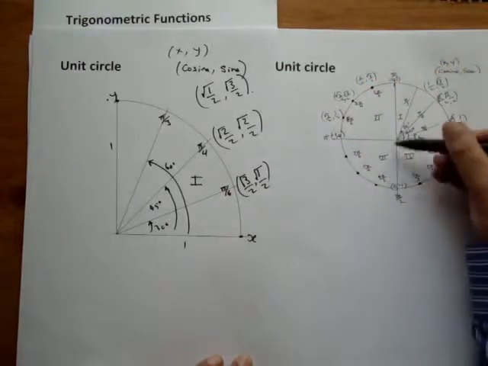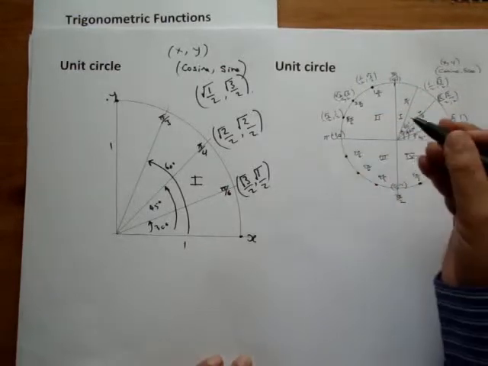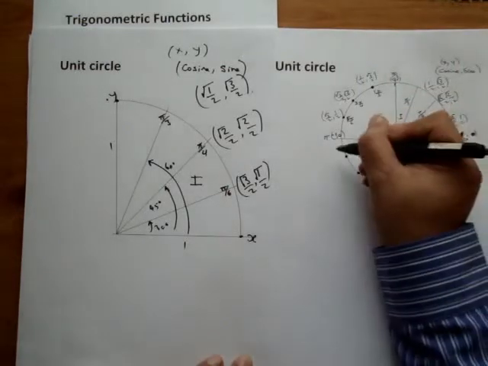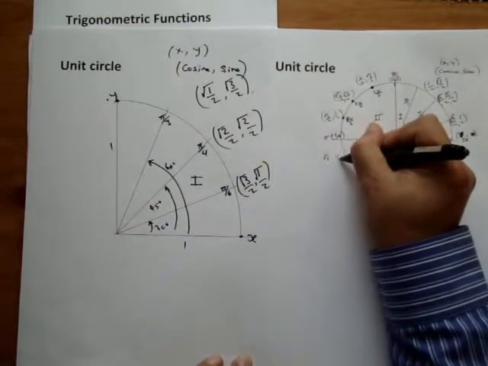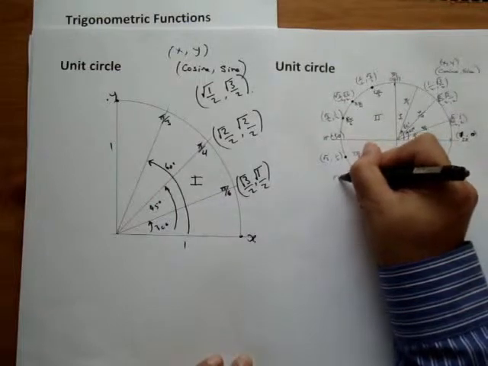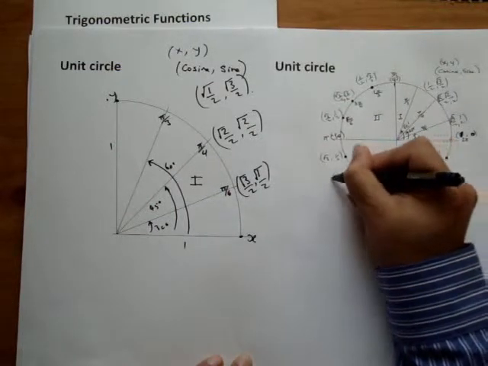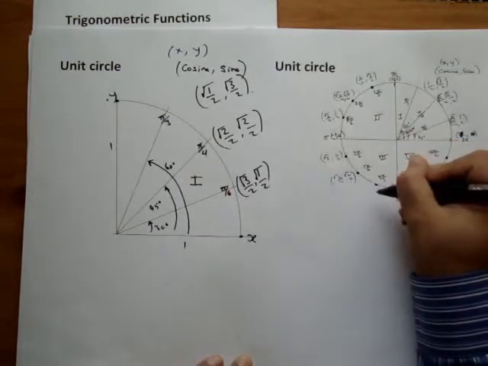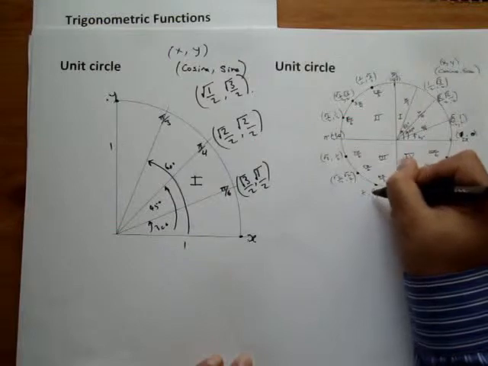To get quadrant 3, we flip this over, so this value comes to where 7 pi over 6 is, so that's square root of 3 over 2, a half, square root of 2 over 2 twice, and then a half, square root of 3 over 2.